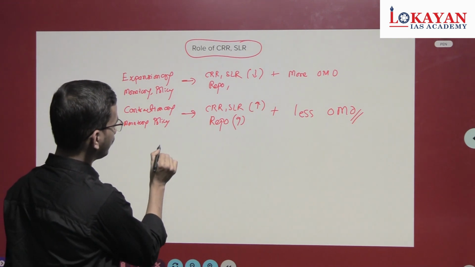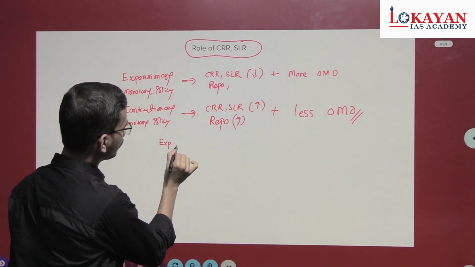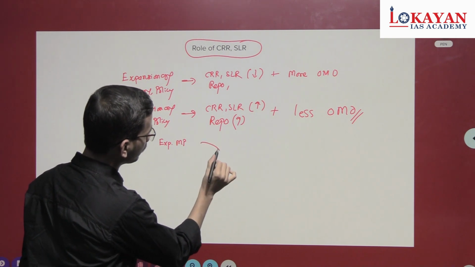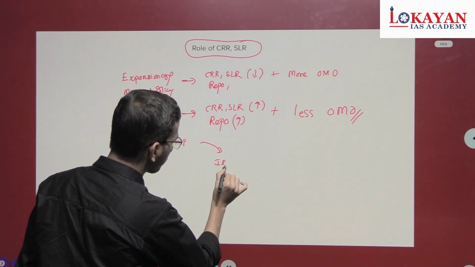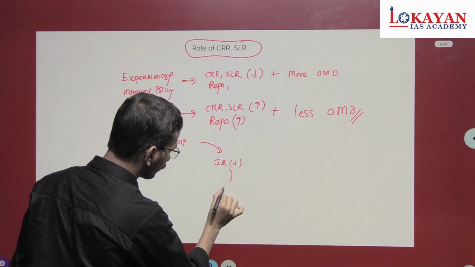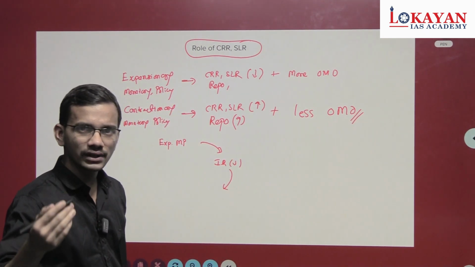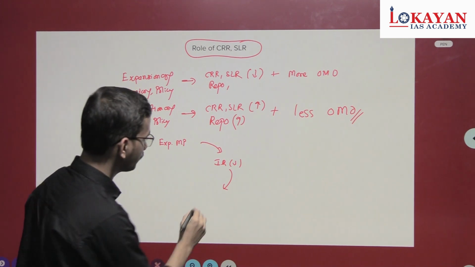So here you can see expansionary monetary policy, interest rate reduction. As interest rate reduces, borrowing becomes cheaper.